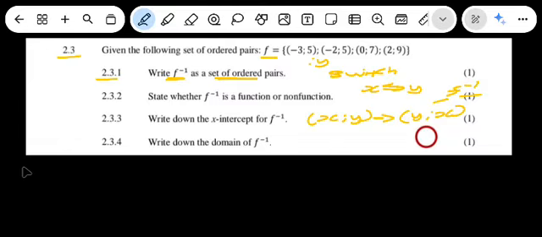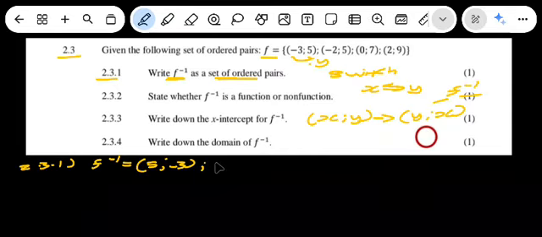How do you switch? Let's switch. You have this, you simply switch, it will be 5 comma minus 3. Simply switch, those are the inverse. 5 comma minus 2.